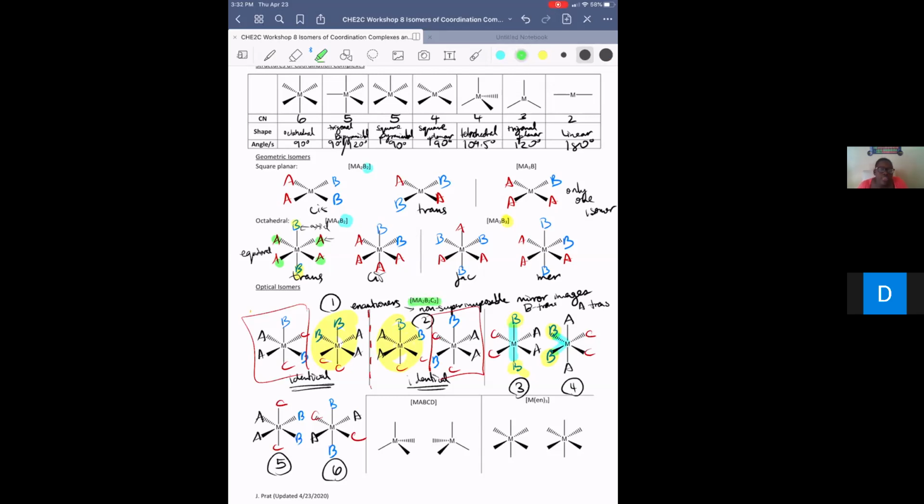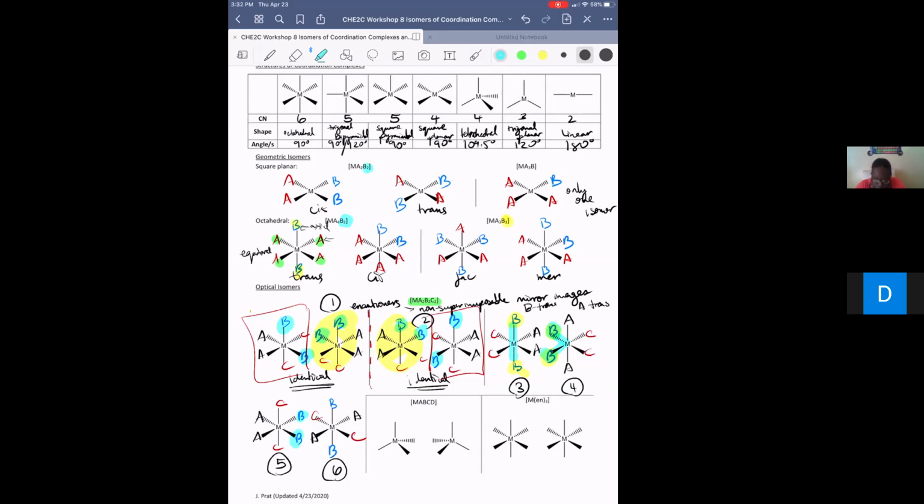Ma2B2C2. And another methodical way that you can think about doing it is, if you do have an identical ligand, picking just one pair and keeping that pair consistent, and then moving your other ligands. So you'll notice that what I did here was I had my B ligands in cis positions, right? And you saw that that occurred basically 1, 2, 3, 4 times.